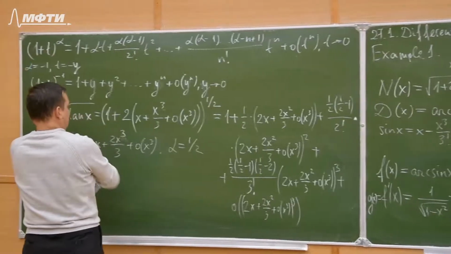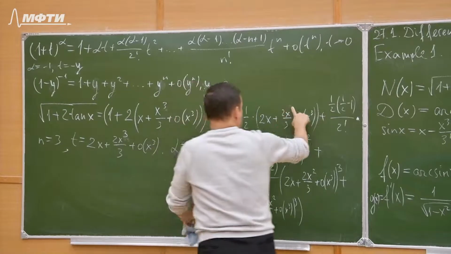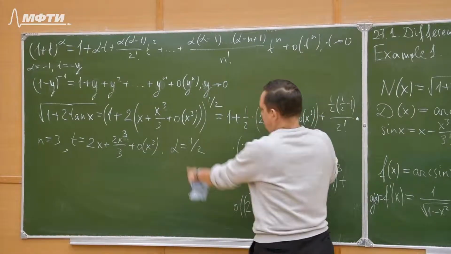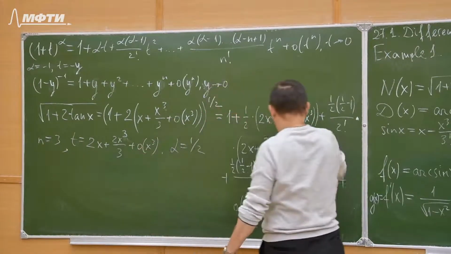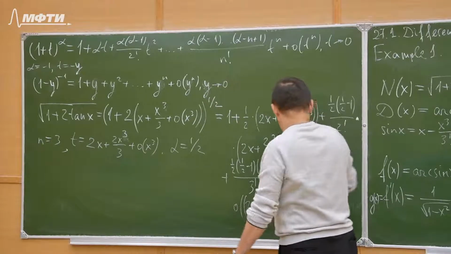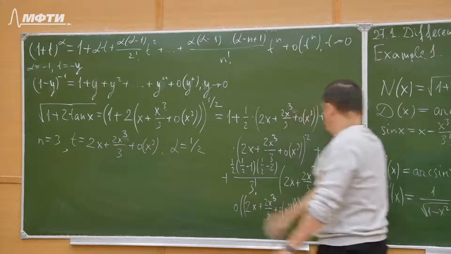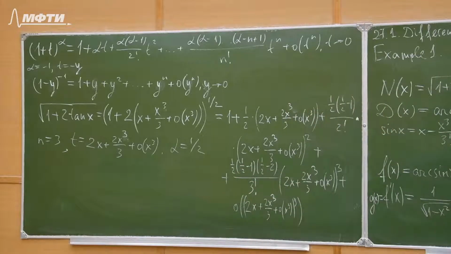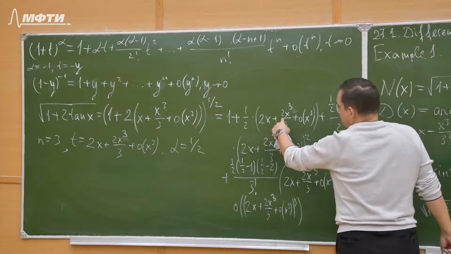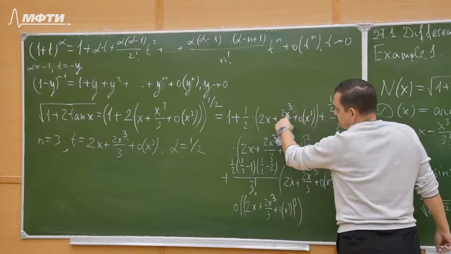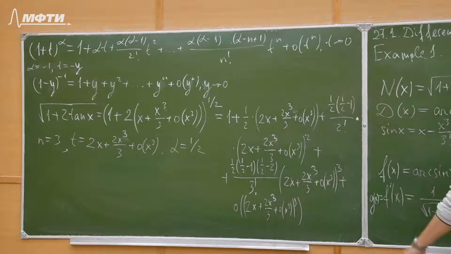Cube. Let me replace everywhere by cube. Cube. There is a misprint. Okay, cube. Okay. Let's continue. So, next term which is necessary for us, this cube plus x cube over 3.